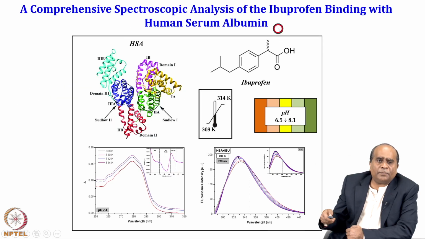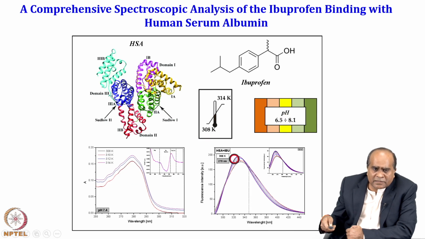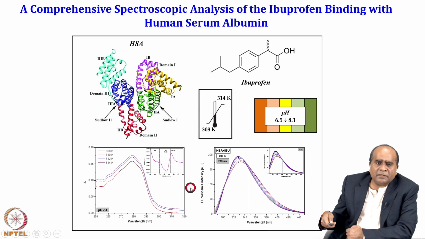Now, one can do the comparative spectroscopy analysis of ibuprofen binding with human serum albumin. This is our HSA, and people found that these are some sites where it could bind, and with temperature and pH what is changing, you can see here the change in the spectra that is evident. So, one can quantitatively determine the binding of HSA with ibuprofen, temperature dependent as well as pH dependent.